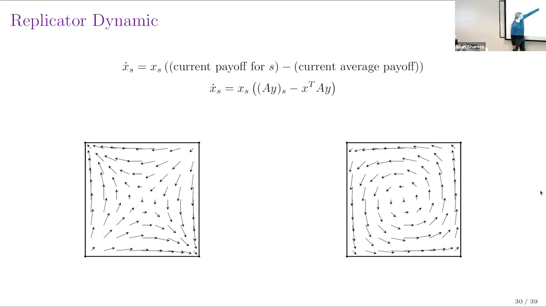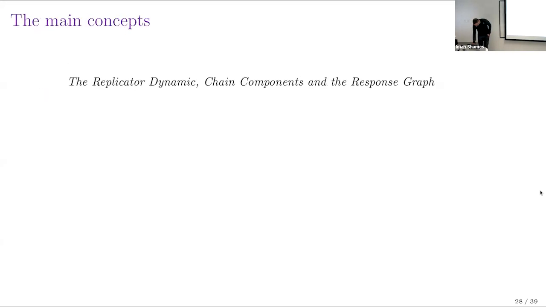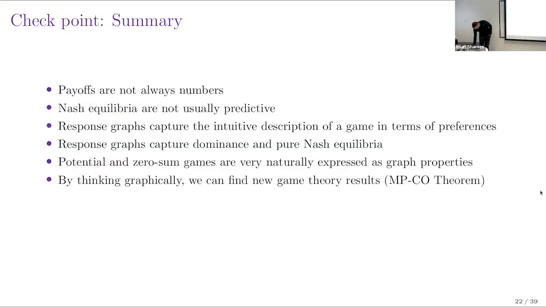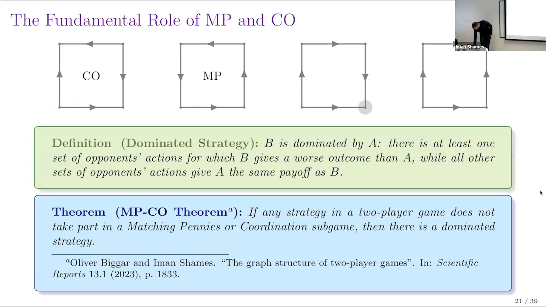Again, the current payoff for strategy number s, minus the current average payoff, updated. That's how it looks. And these are the sort of vector fields you get when you use the replicator dynamic in two games. I want you to remember a picture from earlier.